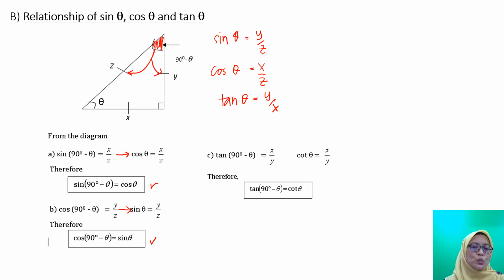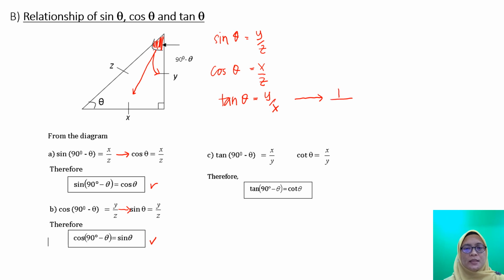So then the last one is tangent 90 minus theta. So tangent is opposite, x over adjacent. So x over y. Okay. So x over y, kita kena rearrange sikit lah. So sini ada y over x. So kita nak dapat nilai yang sama dengan x over y.